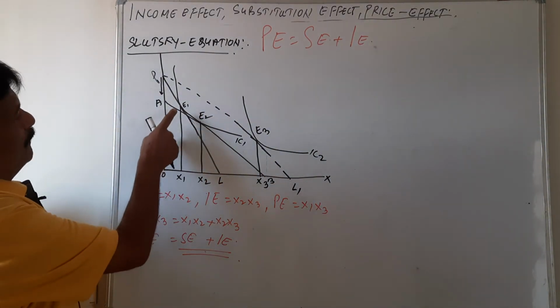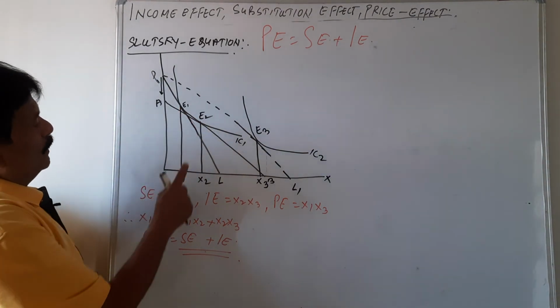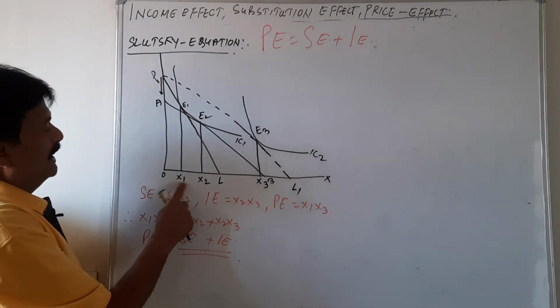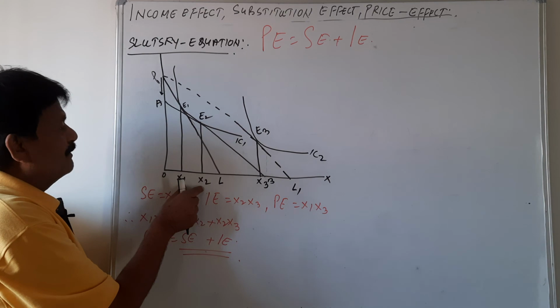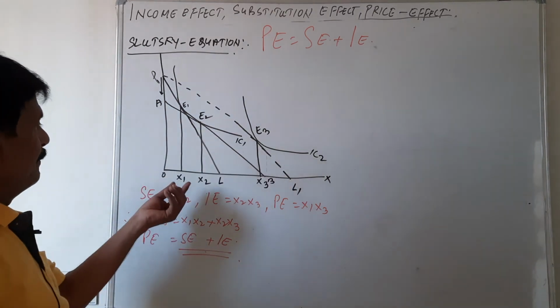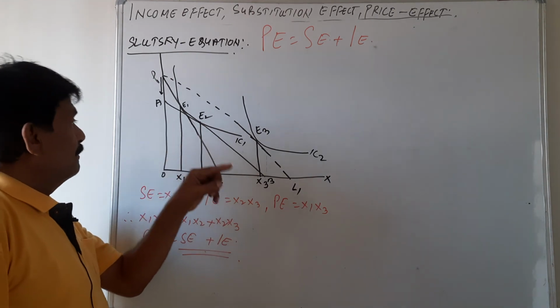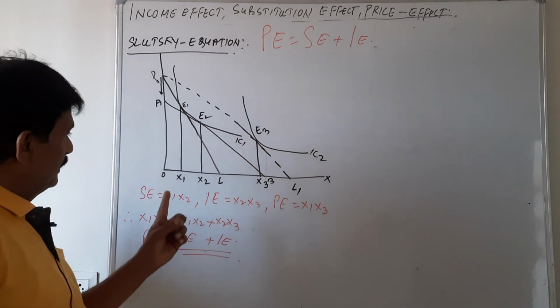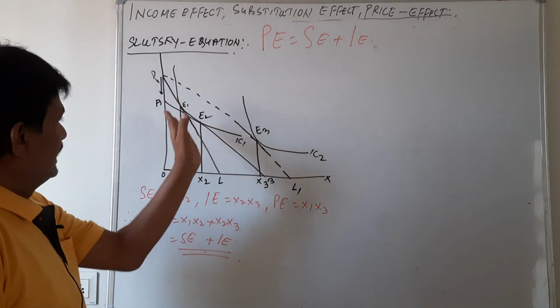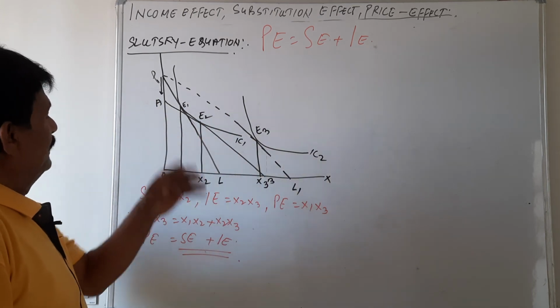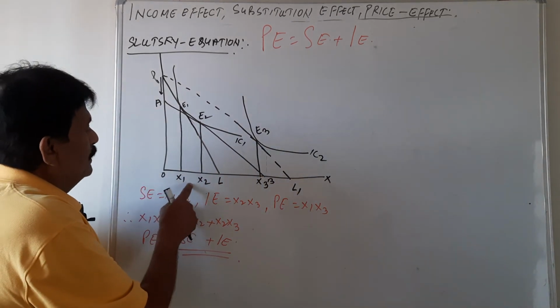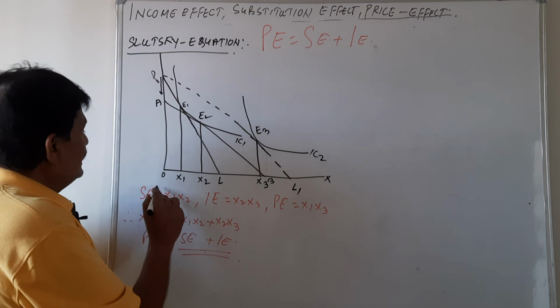So the movement from E1 to E2, or the extension in demand from X1 to X2, stands for the substitution effect, because this is the change in demand as a result of change in relative prices alone, real income remaining constant, because the income of the consumer has been kept constant at the initial level. So this X1, X2 is our substitution effect.